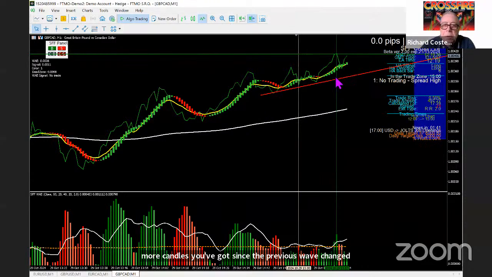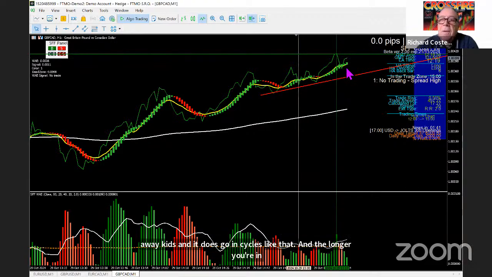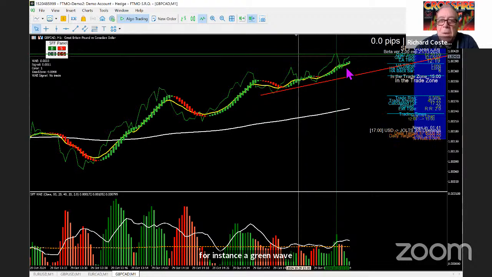Not always, but you can see that price tends to go up and then down, or should I say the Heiken Ashes go from green, then there's a wave change to red, then green, then a wave change to red, then green, and a wave change. And it does go in cycles like that. And the longer you're in, for instance, a green wave, the more chance there is of price changing, or direction changing, I should say. So that's the second.